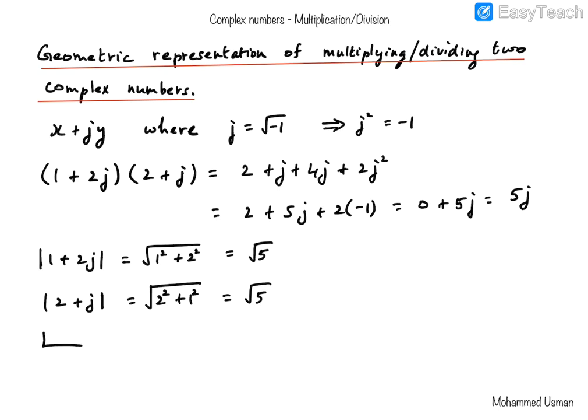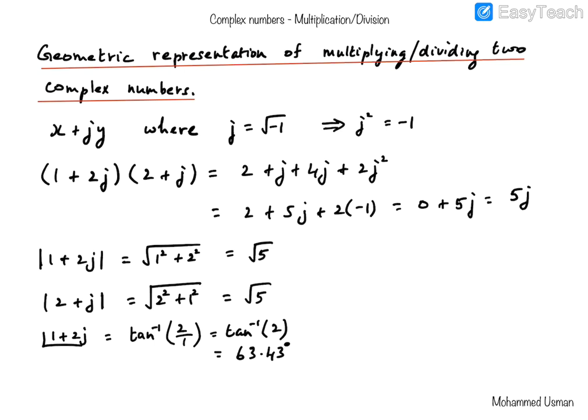So the angle of 1 plus 2j is the arctangent or the tan inverse of the imaginary part by the real part. For the first one, it's 2 by 1, which is tan inverse of 2, and that is equal to 63.43 degrees. Okay, I'm writing these angles in degrees.